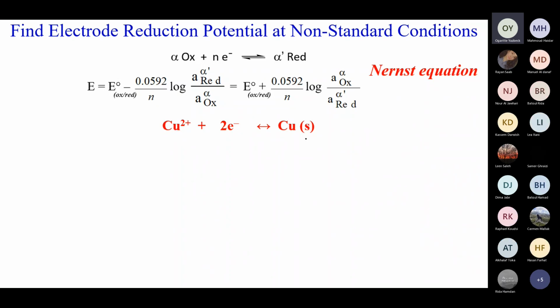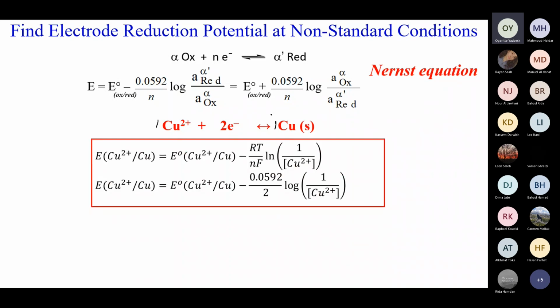Get a couple, a half reaction, okay, in the form of a couple. So we have copper 2 plus 2 electrons goes to copper. Always, and not necessarily, but this happens to be a 1-to-1 mole ratio. If I wanted the E of this copper 2 plus copper couple, what do I do?